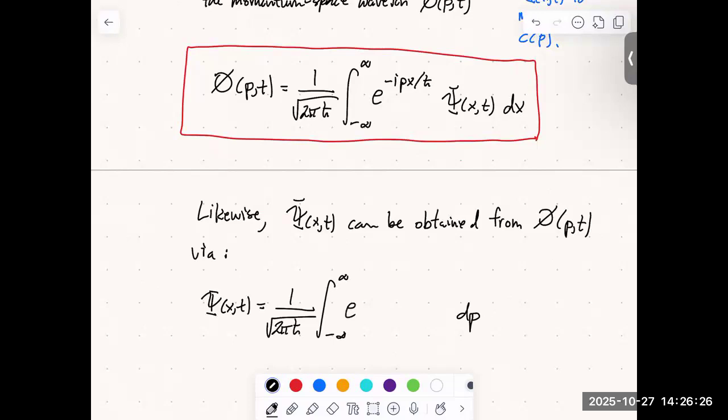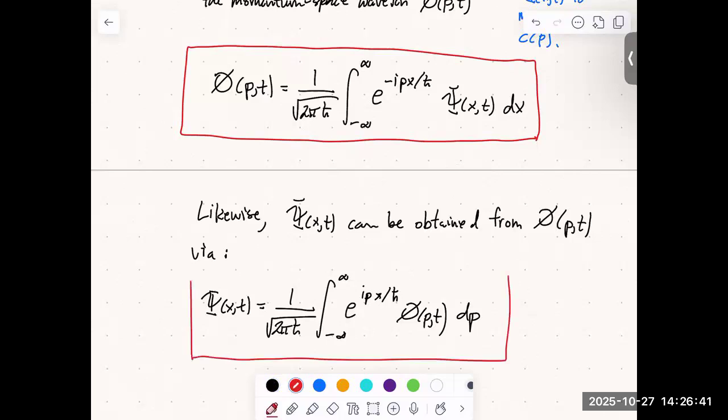And so what changes is the sign of the argument in the exponential, and we have to put in our function of p rather than a function of x. And so this is like the pair of Fourier transform and inverse Fourier transform to move back and forth between these functions of momentum and position.